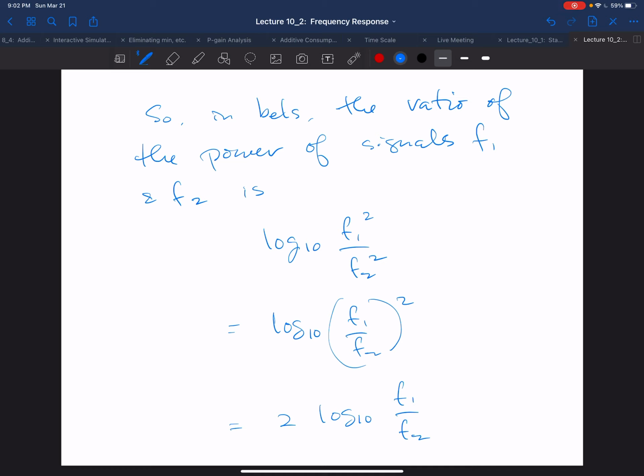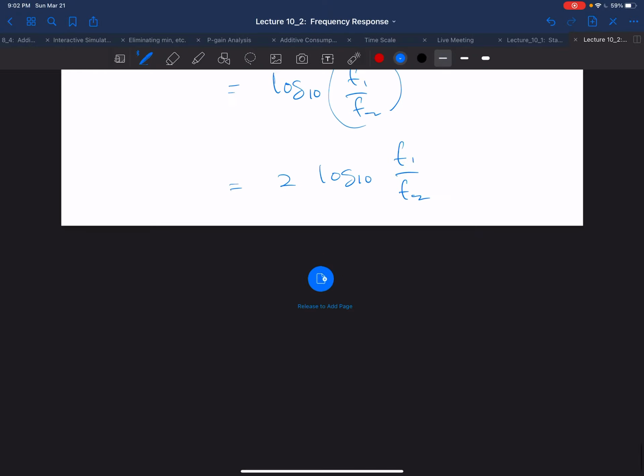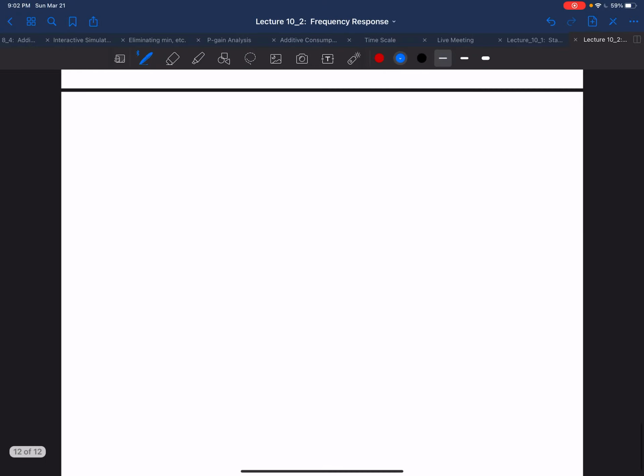But it's more common to use decibels, I suppose because of the numerical range that you get.